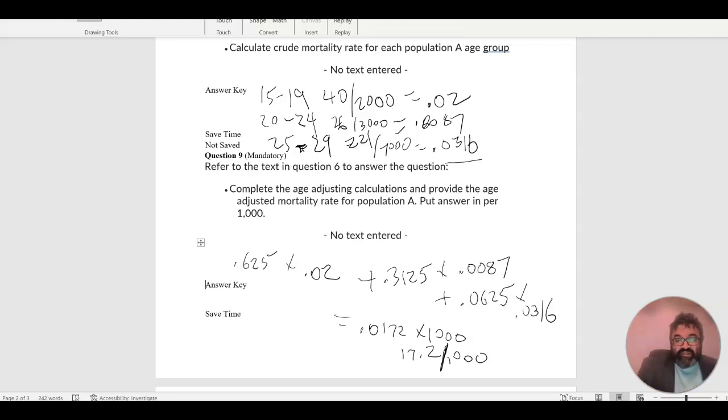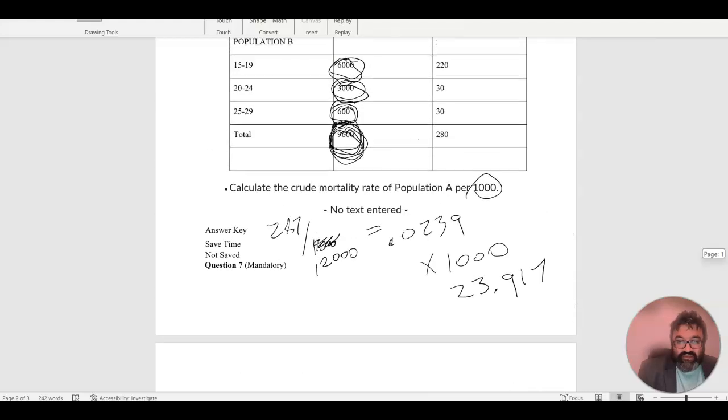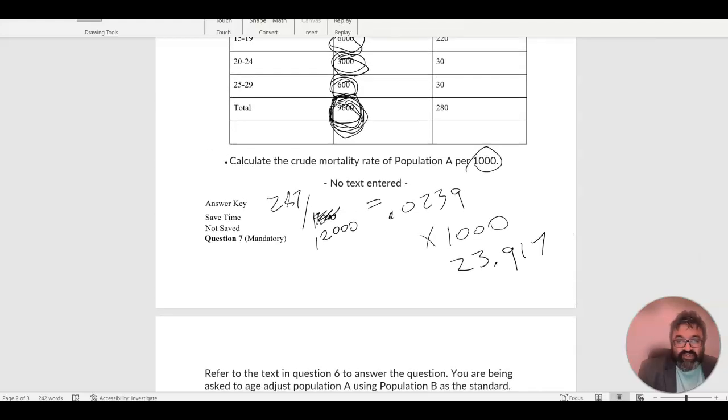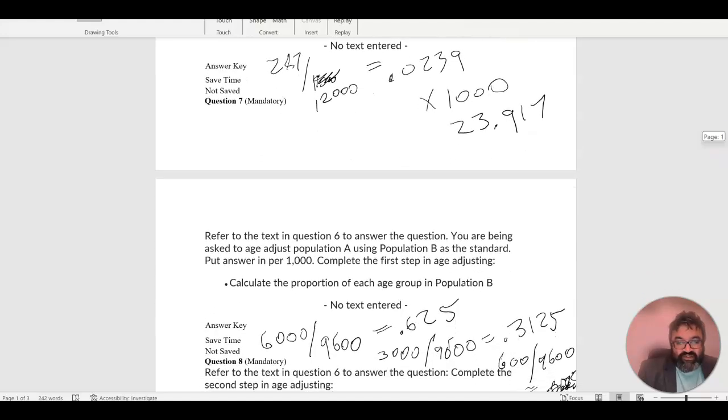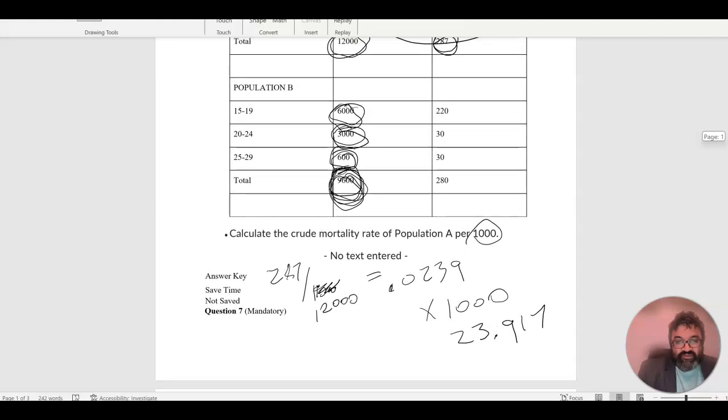Let's look at this conceptually. First there was the crude mortality rate, which is the easy part, and then you did the age-adjusted mortality. Population B was divided by age group, 15 to 19 and so on.